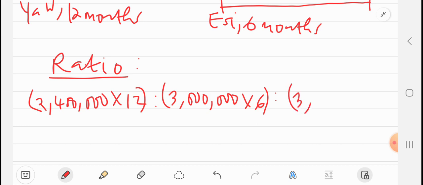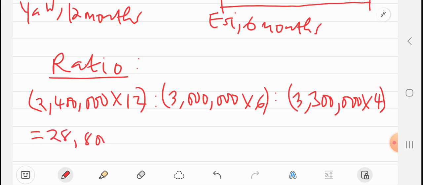And then now we have this one, 3.3 million times 4. Obviously, the 3.3 million is by Kwasi. If you multiply all this, it becomes exactly 28.8 million.